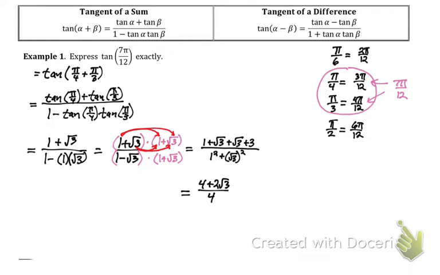Just in case it did, we would rewrite this as 4 over 4 plus 2 square root of 3 over 4, which would equal 1 plus square root of 3 over 2. I put it in red because it's optional. Only if the 4 goes into both items are you required to do that.